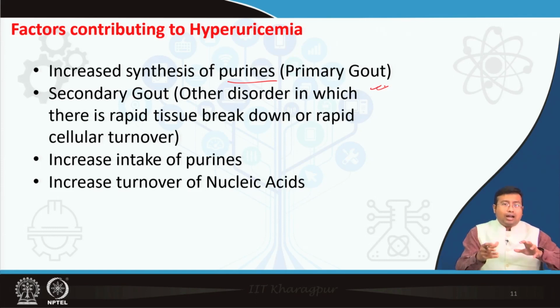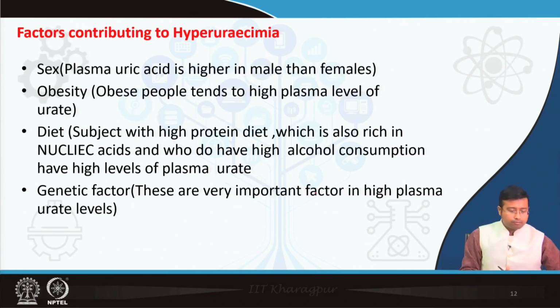It is rather more and more destruction of purines related to some other cause. There is more available material to be converted to purine. That is the concept of secondary gout. Primary gout means overproduction of uric acid just like that, without any underlying reason. Next, excess intake of purine and increased turnover of nucleic acids. These are all reasons which will ultimately be degraded to produce excess purine.